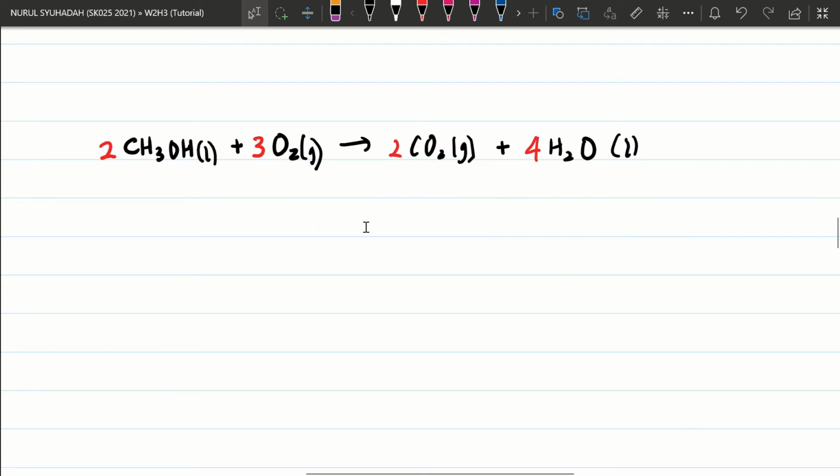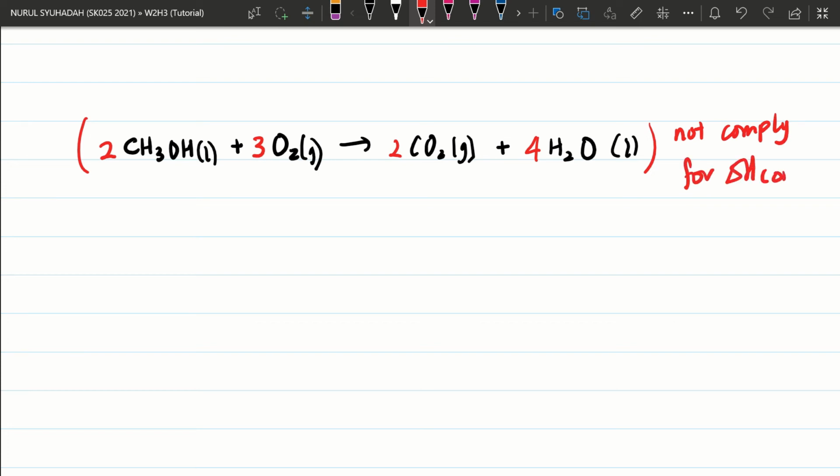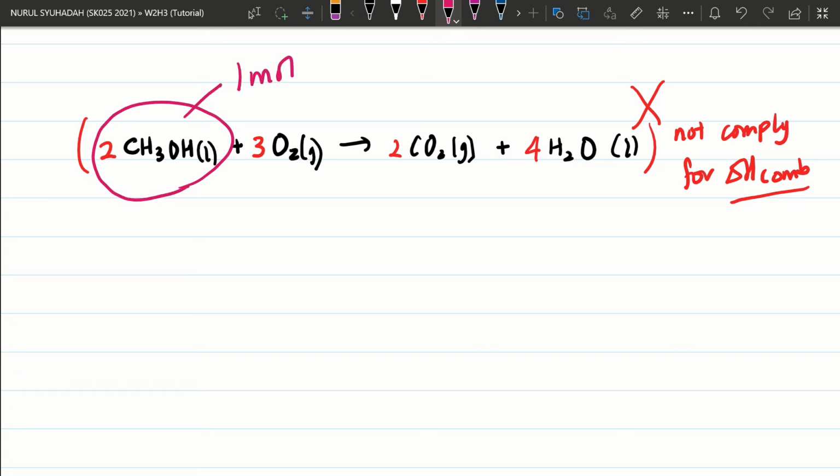But this balanced equation does not comply for delta H combustion. It is wrong. Why? If you look back at the definition, it says 1 mole of compound, so the substance must be 1 mole for it to be delta H combustion.